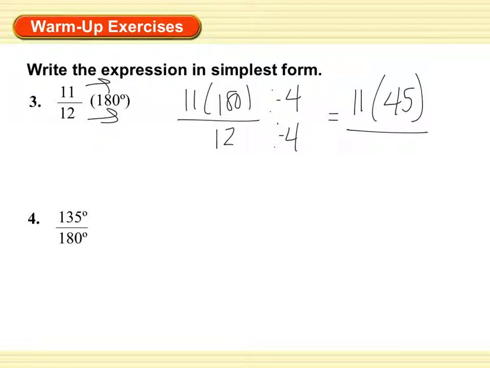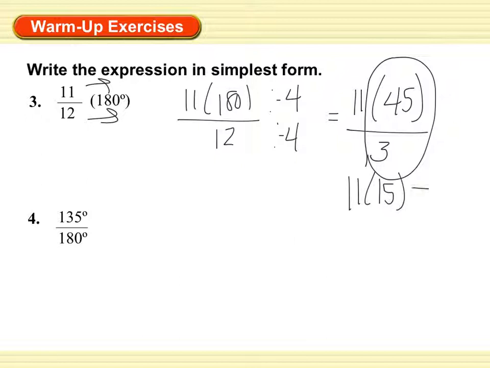And then 12 divided by 4 is 3. Can I do 45 divided by 3? I can. Looks like I can simplify this a little bit further. 45 divided by 3 is 15. So 11 times 15 is 165. Okay, it's going to take some muscles from you guys.